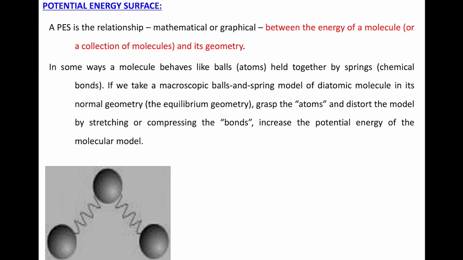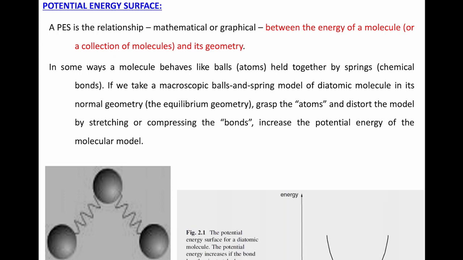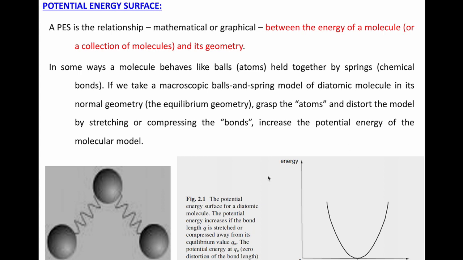If we consider a diatomic molecule in its equilibrium condition and draw a graph by plotting bond length along the x-axis and energy along the y-axis, we get a parabolic curve. In a diatomic molecule like AB, there are only two atoms and one bond length.